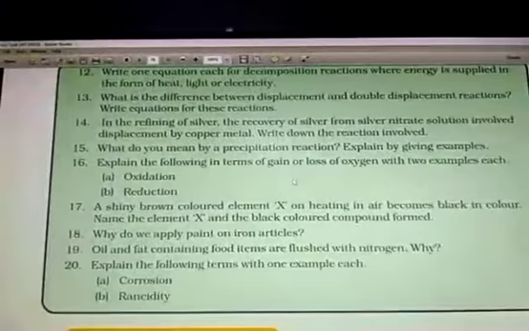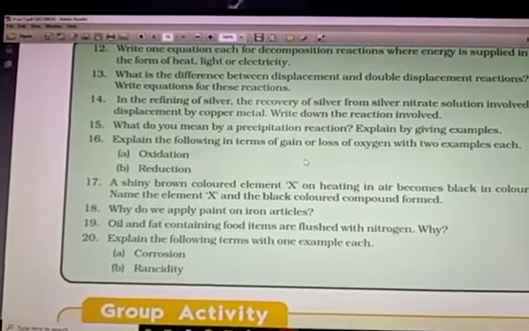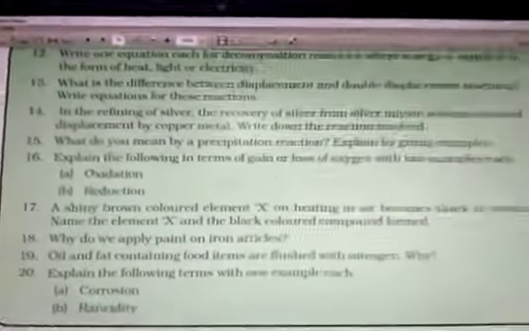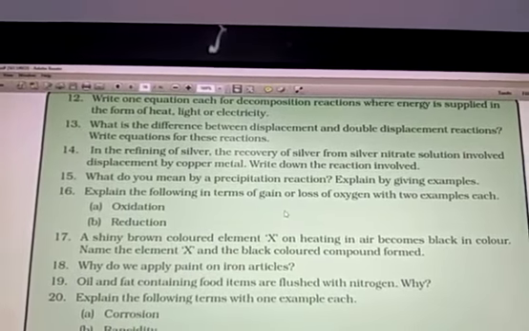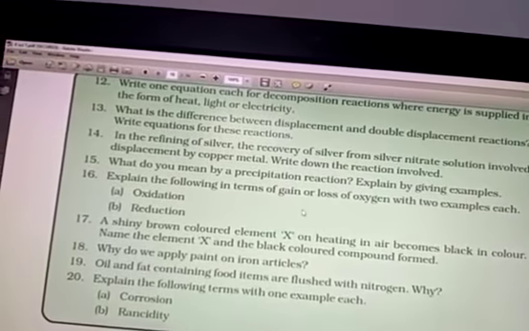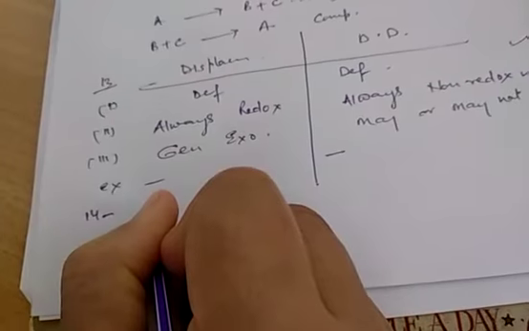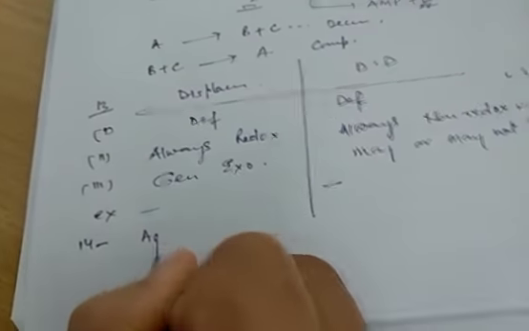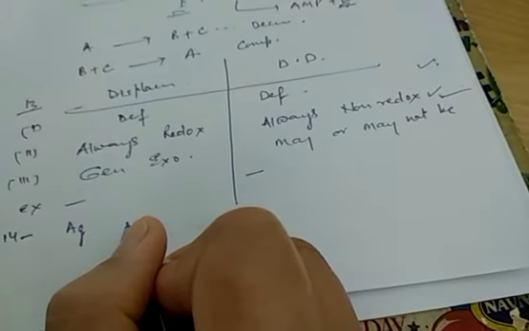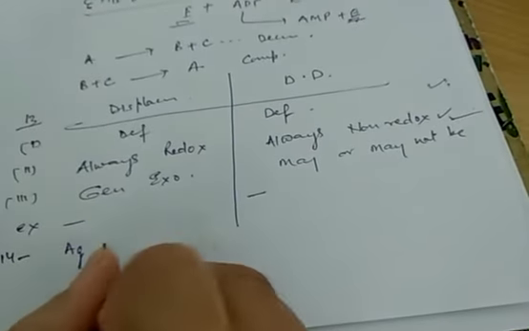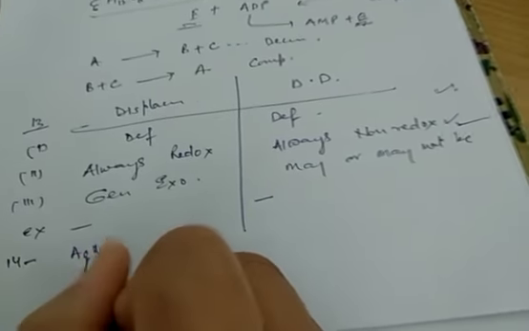Now, question number 14. In the refining of silver, the recovery of silver from silver nitrate solution involved displacement by copper metal. Write down the reaction. Silver coin, Ag, dissolved in nitric acid gives AgNO3.